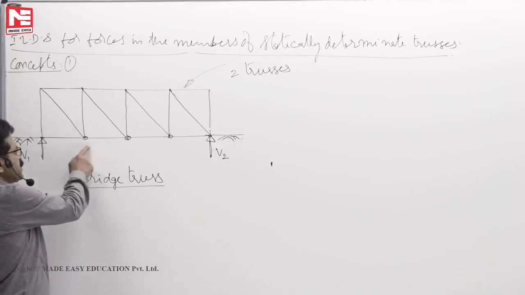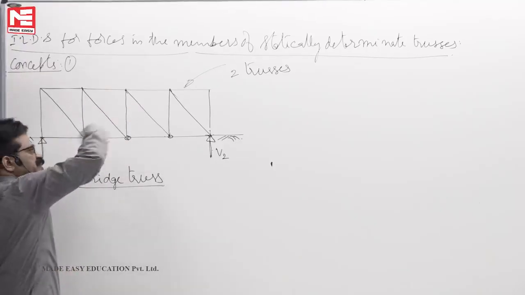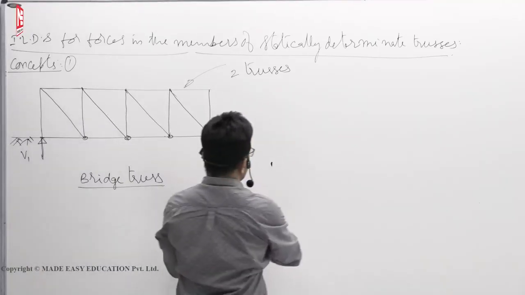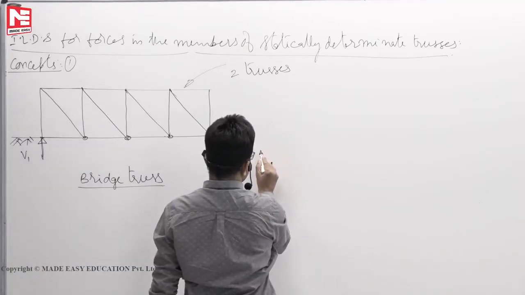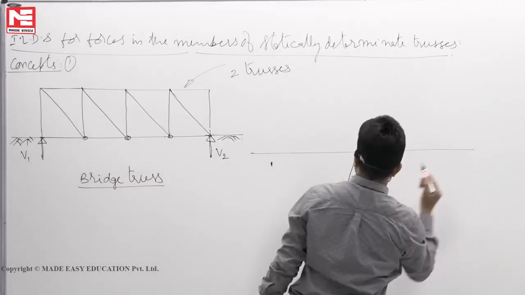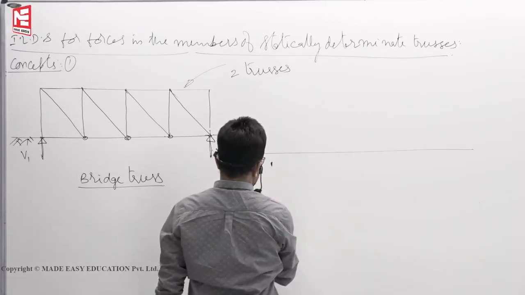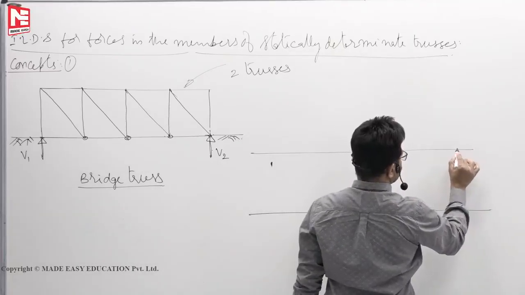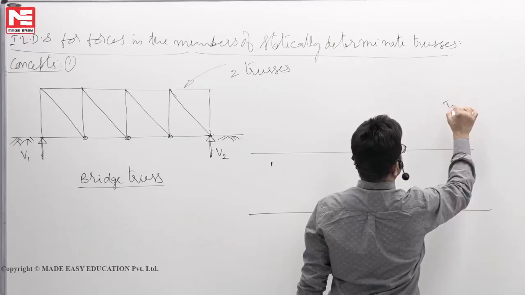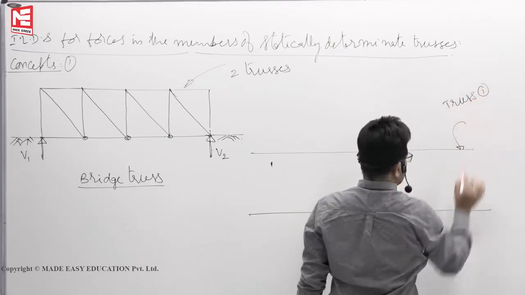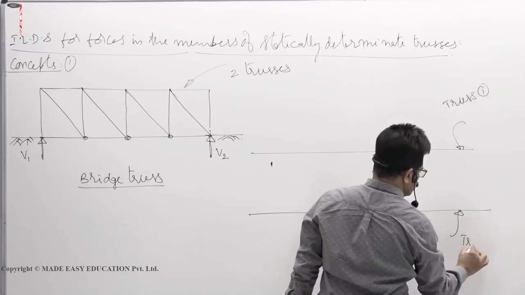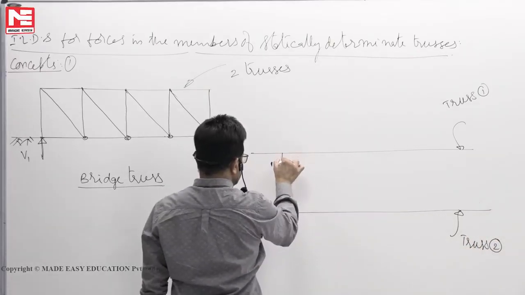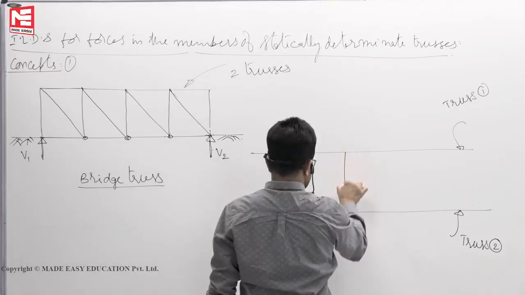If you see this in the top view, the two trusses, stringer beams, cross girders, those things will look now like this. This is one, two trusses, they will go like this. This is truss 1, this is truss 2. And they are interconnected by cross girders like this.